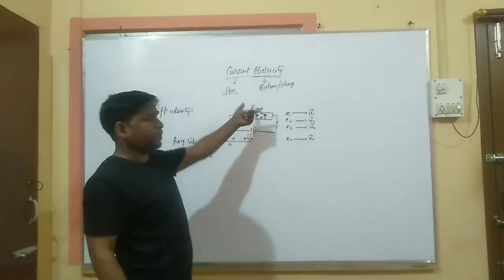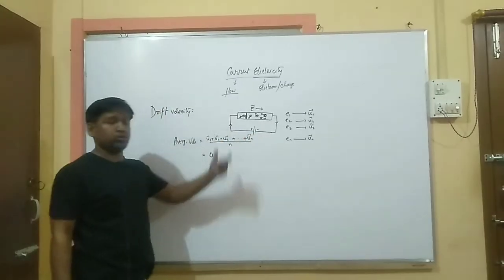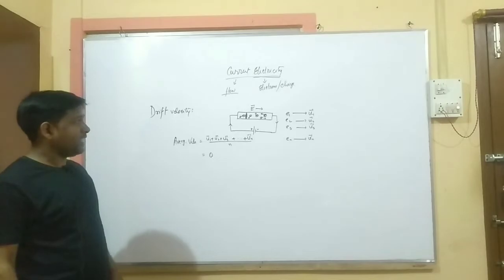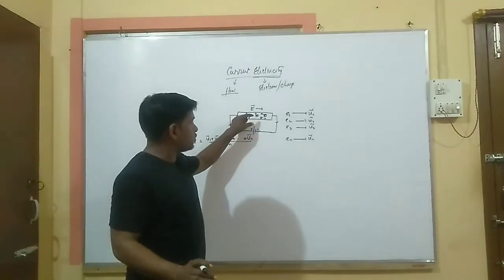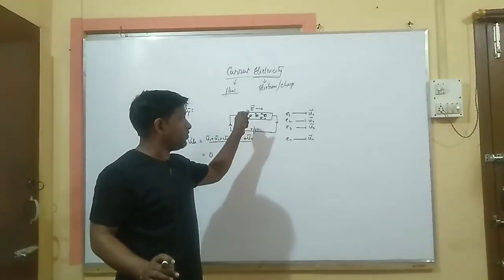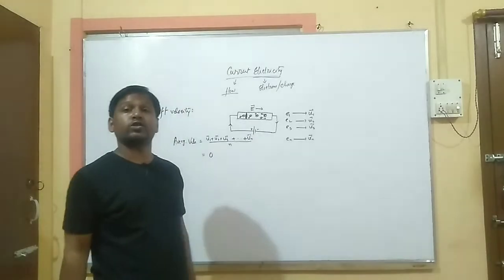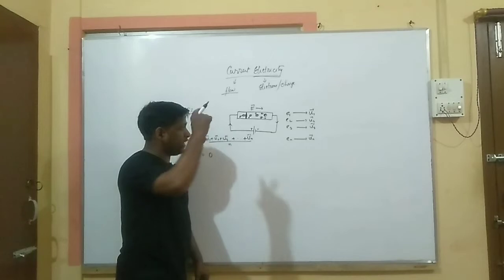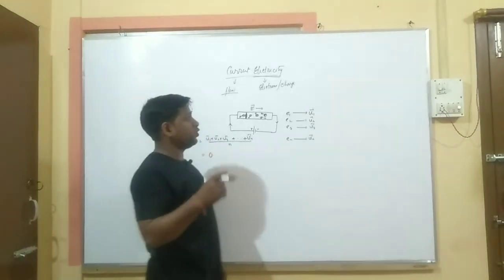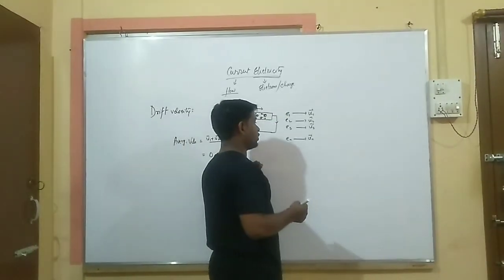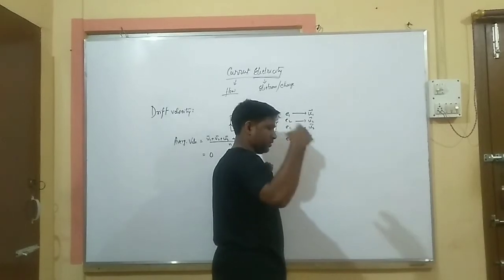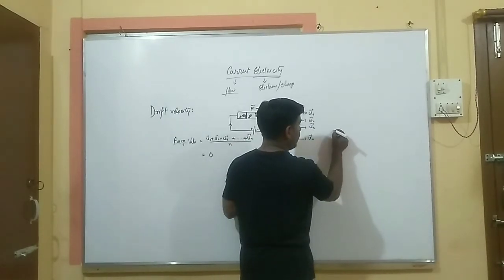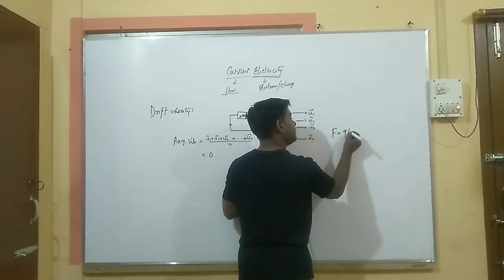The moment you apply this electric field across the two ends of this conductor, the existing free electrons in this conductor will experience a certain amount of force. The point I have just said, you will be taught in your electrostatics part. There is an expression F equals to QE.